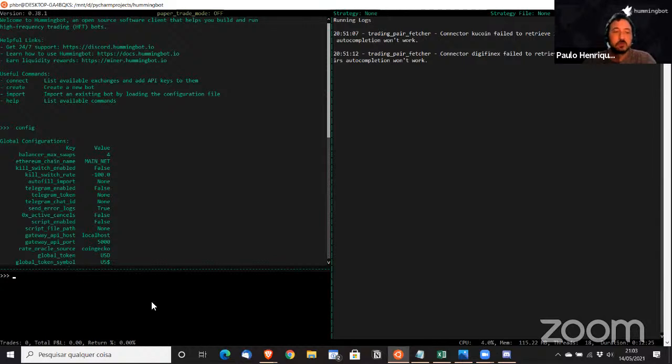At this point, the global token is set to USD as usual, and the rate oracle is where we pull the information about different prices to execute a conversion of value. Let's say, for example, if I type balance, it will show the balance of the exchange I'm connected to.